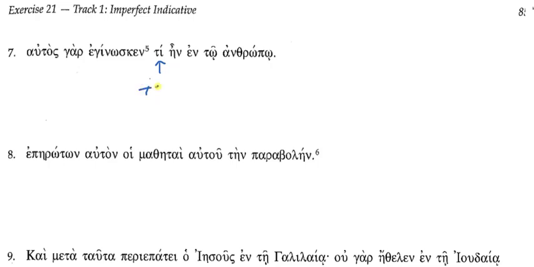Remember, your lexical forms are tis and ti. Only two forms, so masculine and feminine are reflected in the first one, neuter for the second. In this case, then, it's for he knew what, rather than who or whom. He knew what was in man.